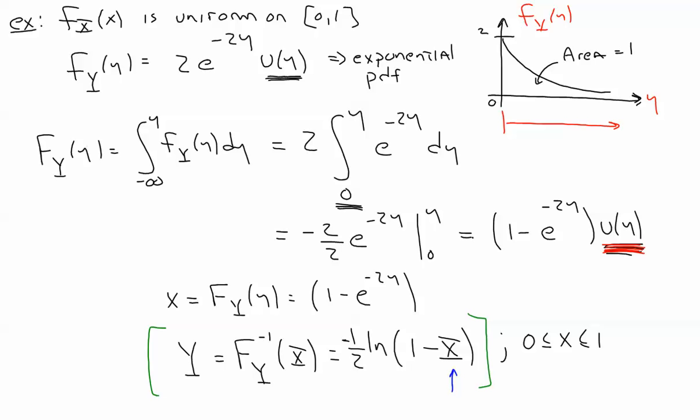That's the result that I'm looking for. So if I calculate a bunch of random values between 0 and 1 for x, and I plug them into this relationship, negative 1/2 times the natural log of 1 minus x, I will end up with data that is distributed exponentially according to that function.